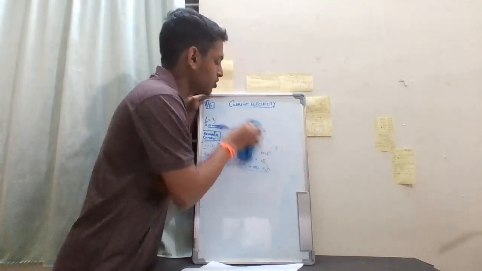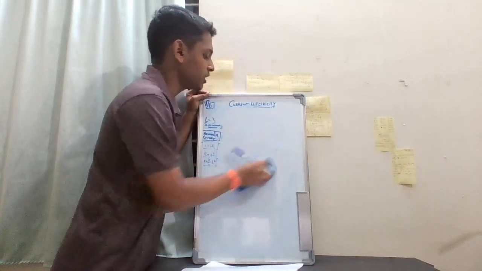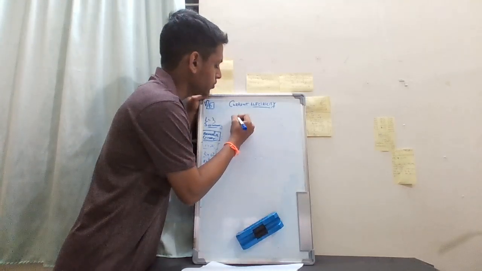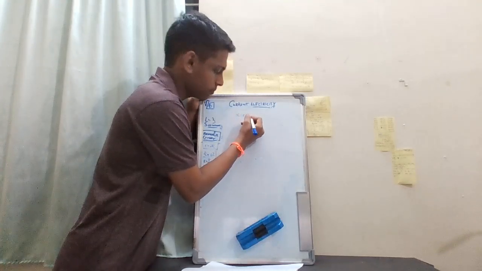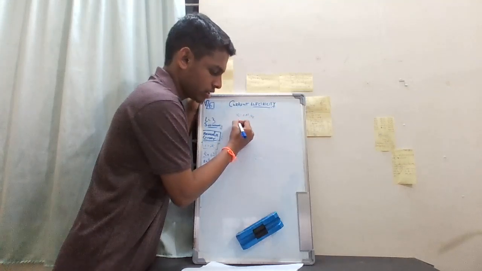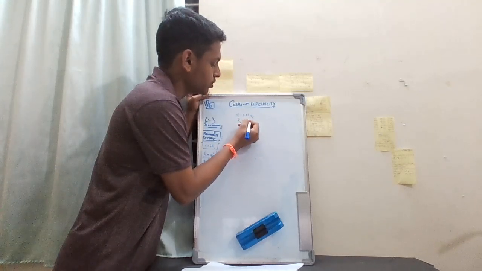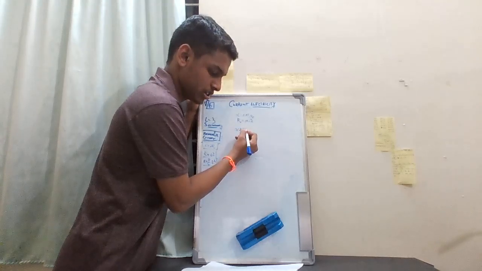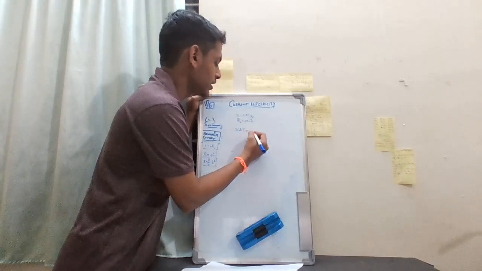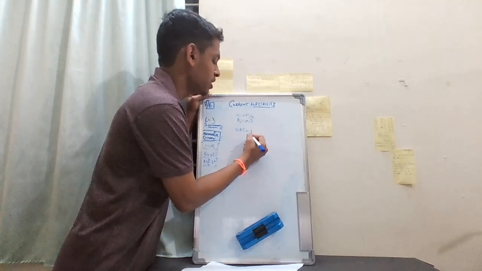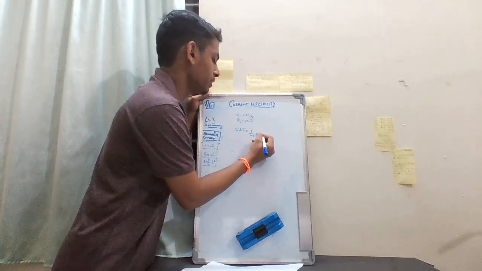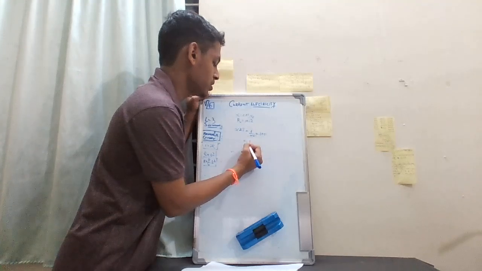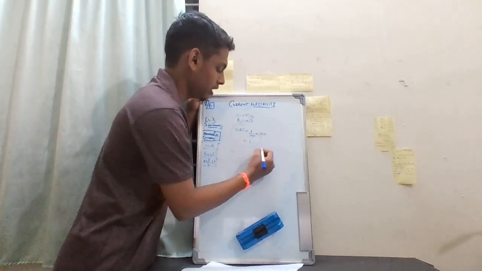But what if alpha delta T is not small? Then we'd say alpha equals 0.01 per degree Celsius, and R naught is 10 ohms. Then alpha delta T at 100 degrees Celsius: alpha is 1 by 100, into temperature change 100, gives 1.